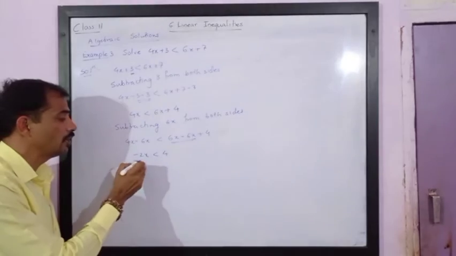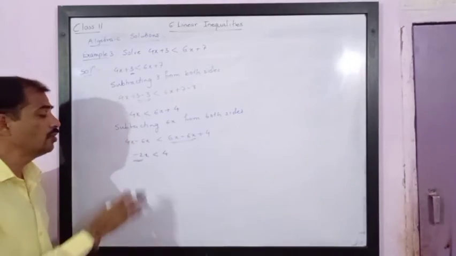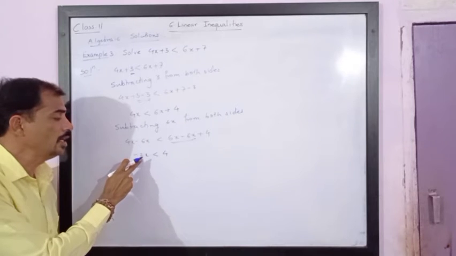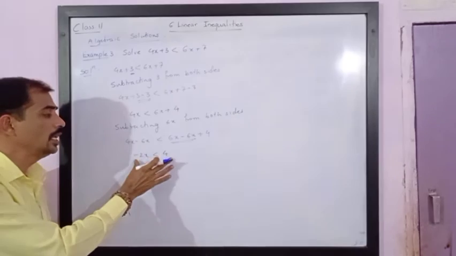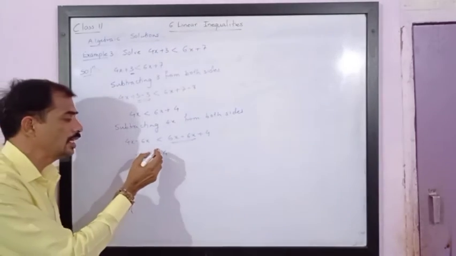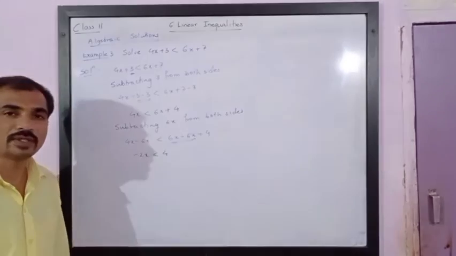Here we have got negative 2. If we are dividing, or multiplying, the inequality by a negative number, then the inequality sign is reversed.